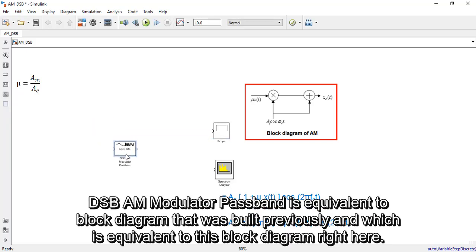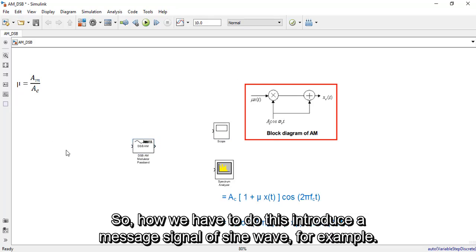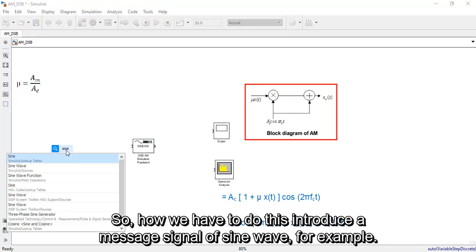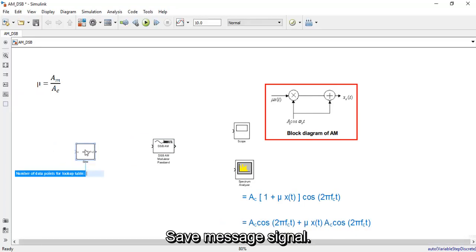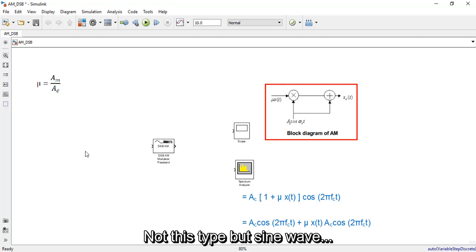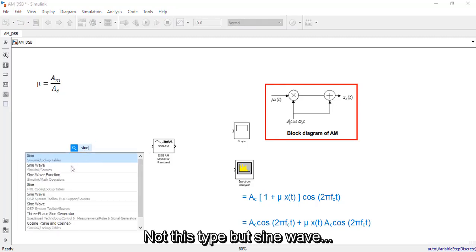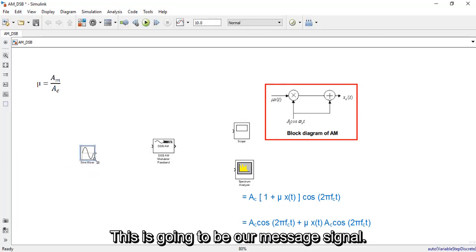DSB AM modulator passband is equivalent to the block diagram that was built previously, and which is equivalent to this block diagram right here. So all we have to do is introduce a message signal of sine wave, for example. Same message signal, not this type, but sine wave.